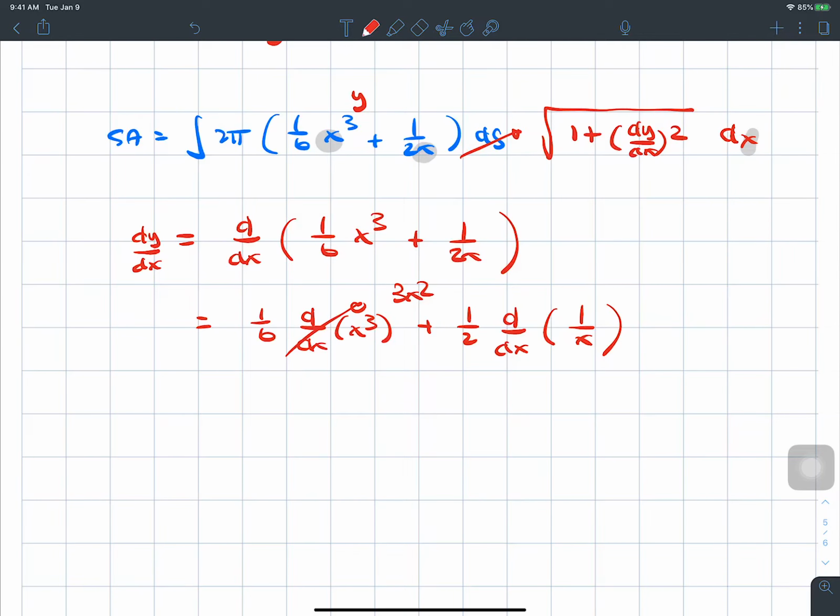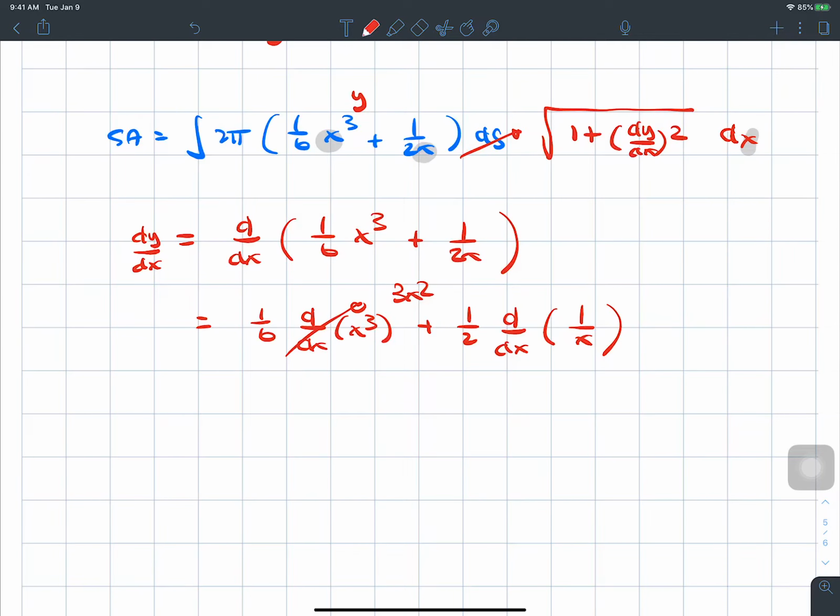We get 1/4 x to the 4th minus 1/2 plus 1 over 4 x to the minus 4th. 1/4 x to the 4th minus 1/2 plus 1/4 x to the minus 4th.